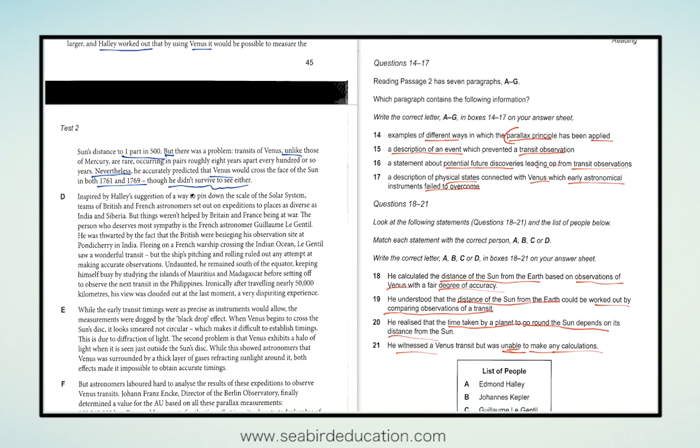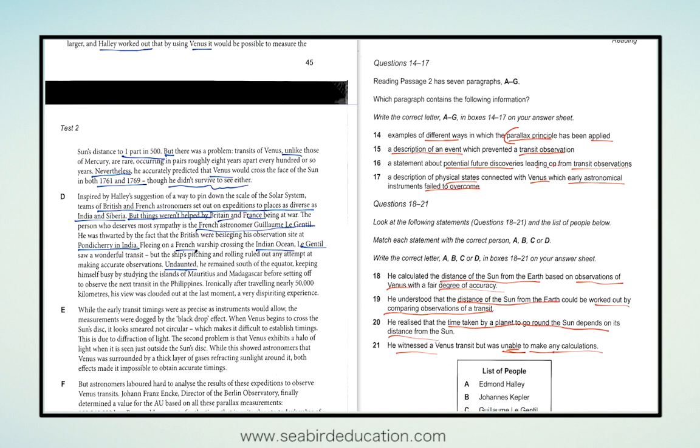Inspired by Halley's suggestion of a way to pin down the scale, teams of British and French went to India and Siberia. Things weren't helped by Britain and France being at war. Ocean, French warship, project. Undaunted, that's an adverb.